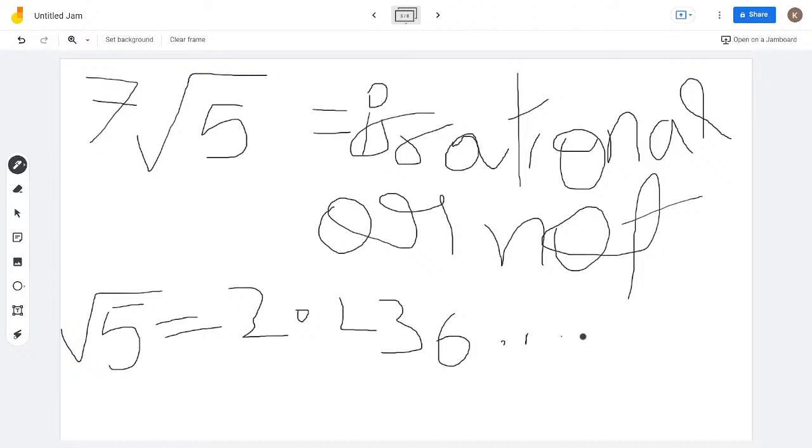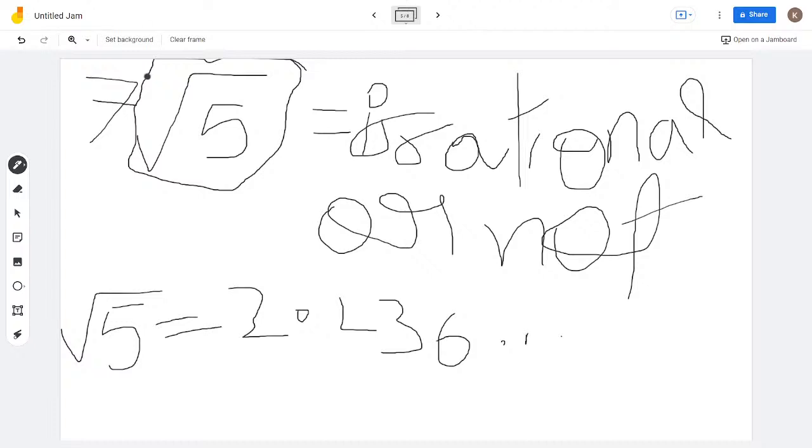Since we can see that root 5's expansion is again a non-terminating, non-recurring decimal, this is an irrational number. Whenever we are asked to check whether it is an irrational or rational number, we will just see the expansion of the irrational part, and then multiply it by whatever operation is given there.